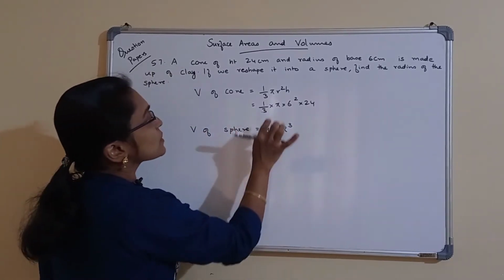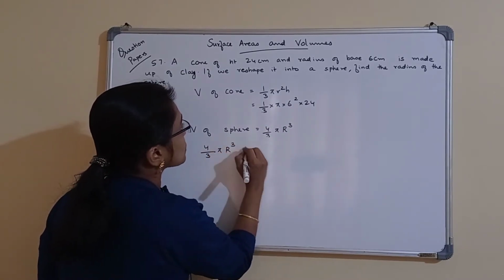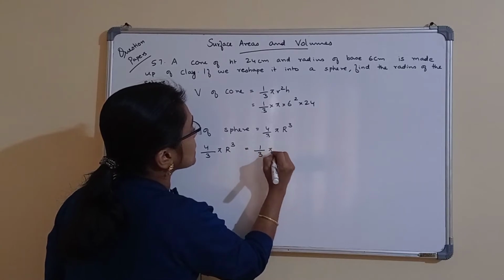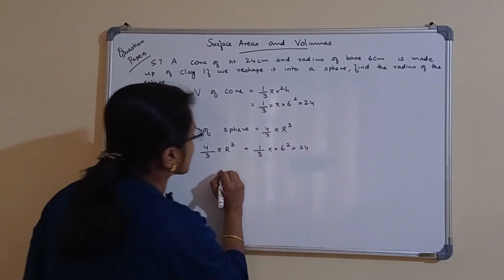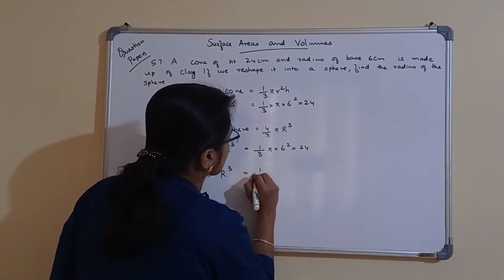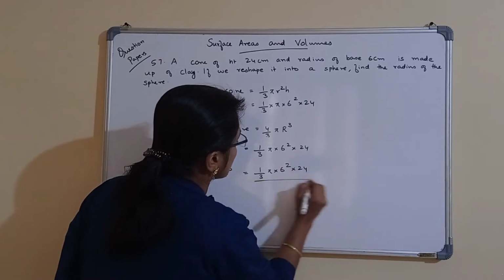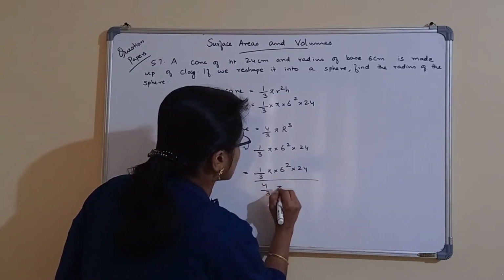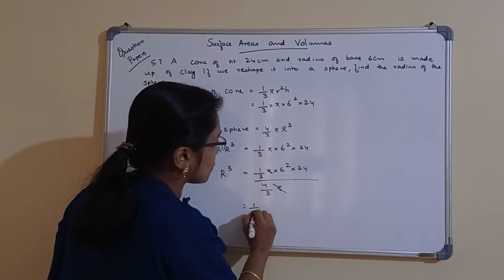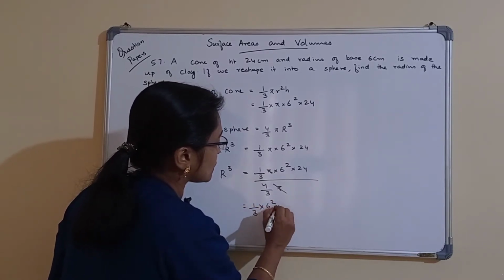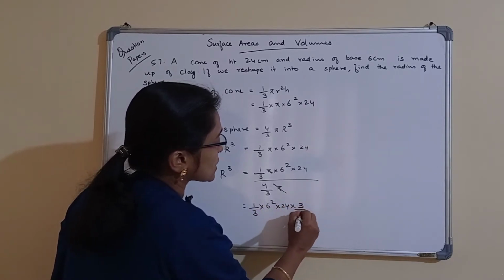So 4 by 3 pi capital R cube is equal to 1 by 3 pi into 6 square into 24. Now R cube is equal to 1 by 3 pi into 6 square into 24 divided by 4 by 3 pi. Pi and pi will get cancelled and it will become 1 by 3 into 6 square into 24 into 3 by 4, the reciprocal.